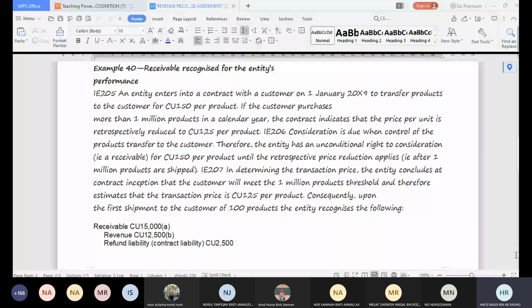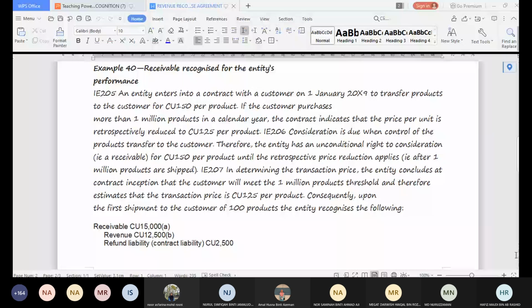Consideration is due when control of the product transfers to the customer. The entity has an unconditional right to the consideration of ringgit Malaysia 150 per product, because this price reduction will only apply once the customer reaches a purchase of 1 million units. Before that, the entity still has a right to 150, and at that point the price reduction will be done retrospectively.